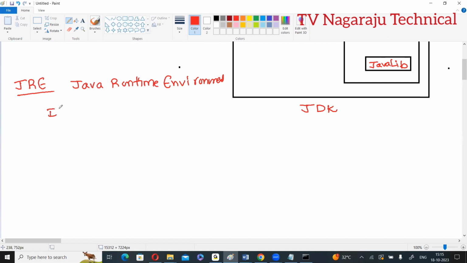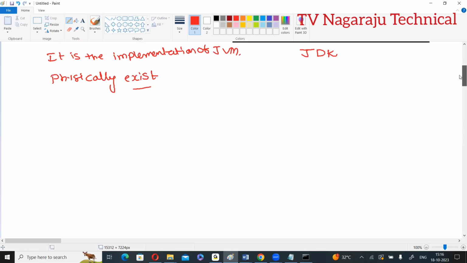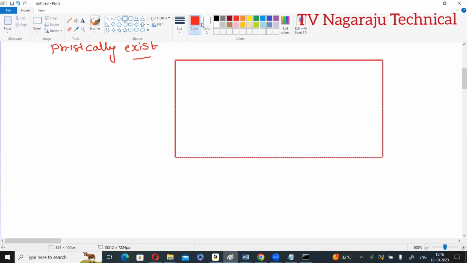It is the implementation of JVM. So JRE is physically existing in your system. Now, this is the diagram of JRE.